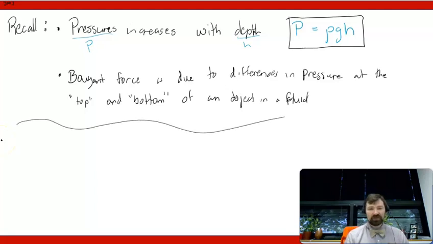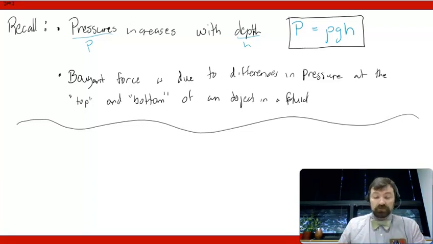What is Archimedes Principle? It is something that you are already familiar with because I referenced it in a previous video without stating by name that this was Archimedes Principle.